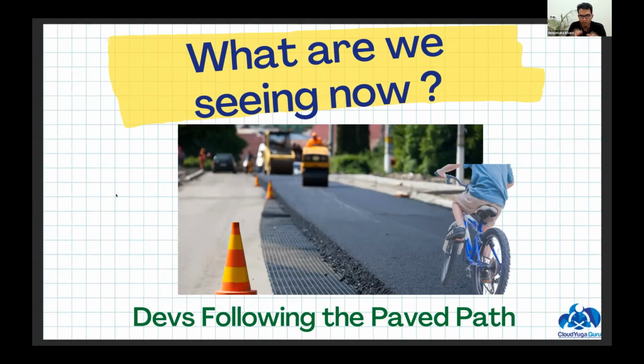If the developer follows the specific path, the paved path given by the platform team, things would work out, and they would do pretty well because the control of the production environment is with the platform team, and dev is just following. You may have seen cases where the developer does not follow.